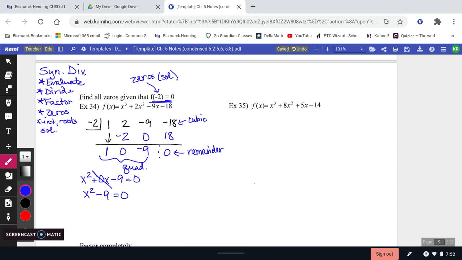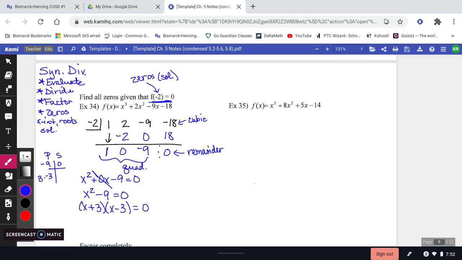You now have a quadratic, so you have some options. Yesterday when we had quadratics that we wanted to finish factoring, we used our product sum table. It will work. Your product is going to be negative 9, and your sum is 0. So that's a 3 and a negative 3. This would factor to x plus 3, x minus 3.